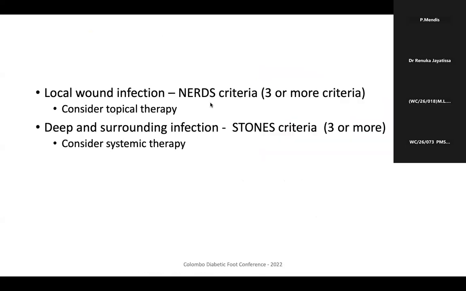So, how then do you know that there's infection? We talked earlier on, all these wounds go through an inflammatory phase. Is it actually inflammation you're seeing, or is it infection you're seeing? How do you know this? There are different ways of looking at it. Especially with diabetes, you'll find that it's not always easy.